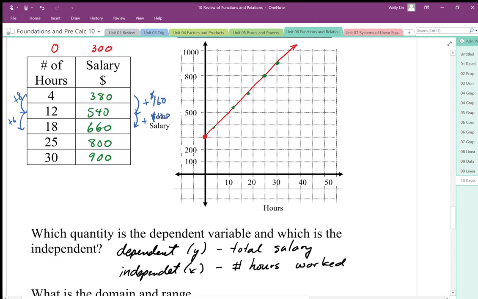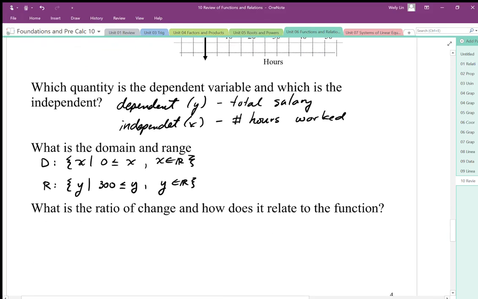And we find this ratio of change here. So that's going to be plus 160 for plus 8 hours. And the ratio of change, so the change in y compared to the change in x, we're going to say is plus 160 to plus 8 hours.